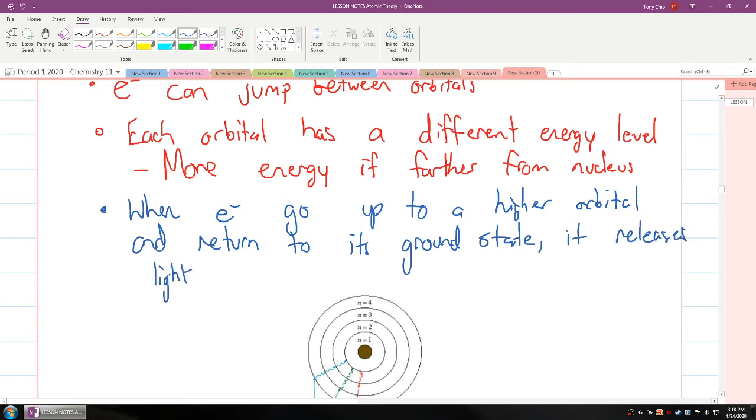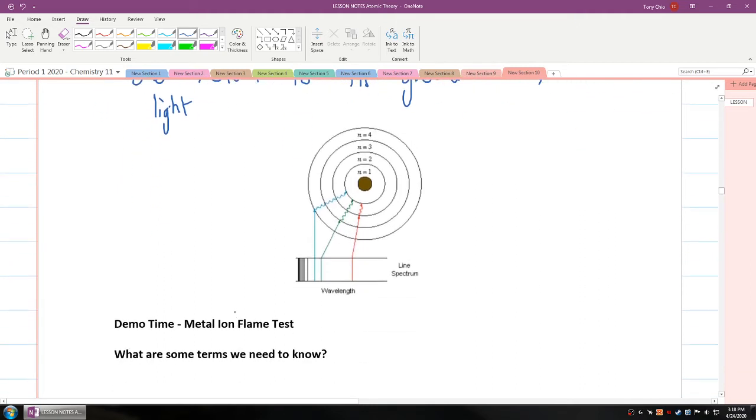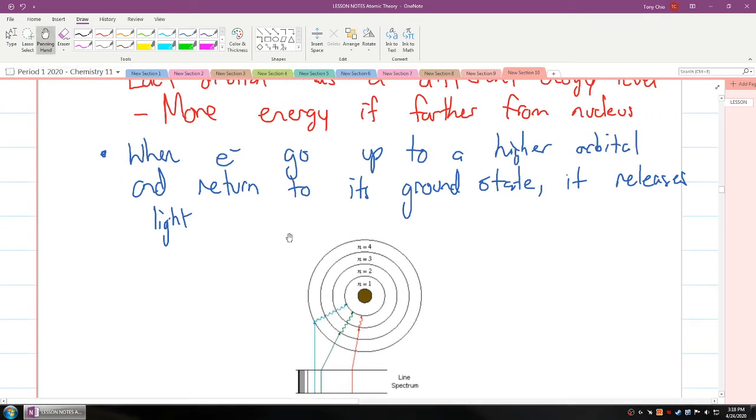And that is what Niels Bohr found when he dealt with, for example, hydrogen. What he knows is that hydrogen only has 1 electron. So if you draw this 1 electron right here, if that 1 electron was to, for example, go from this orbital to the next one, and when it drops back down, it will release this red light spectrum here.